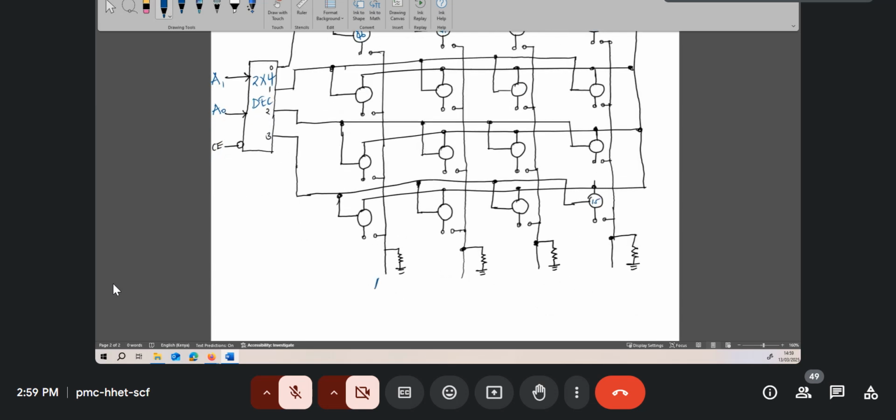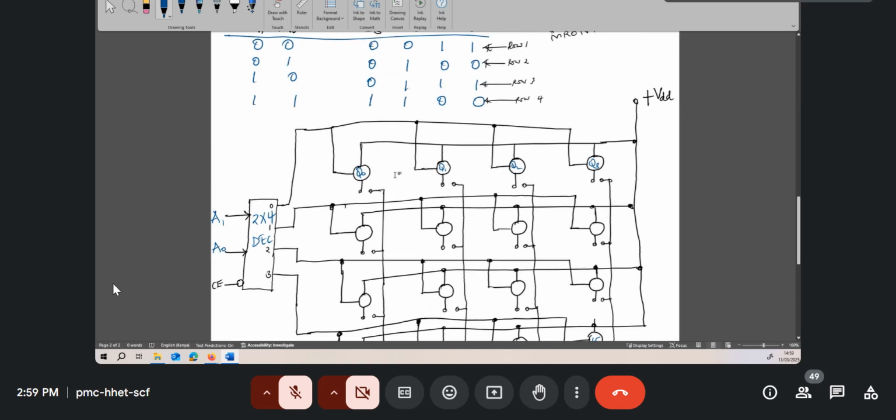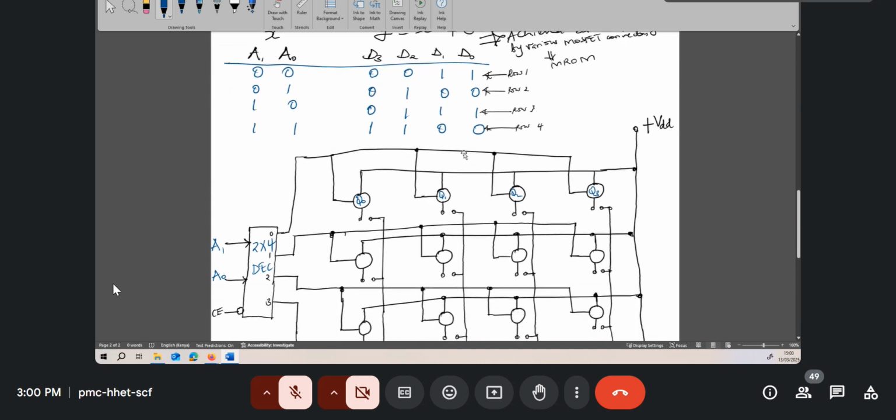So these are our outputs: D3, D2, D1, D0. And recall how the manufacturer, at a stage, programs these MOSFETs to either store a 1 or a 0. So for the first memory location, we want to store 0011. So for the most significant bit, D3, we want to store a 0.